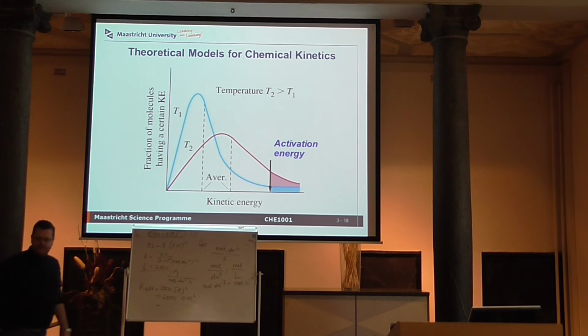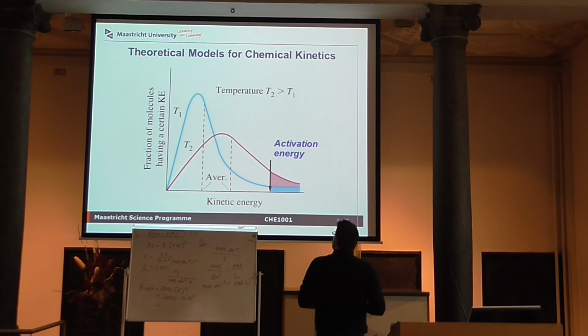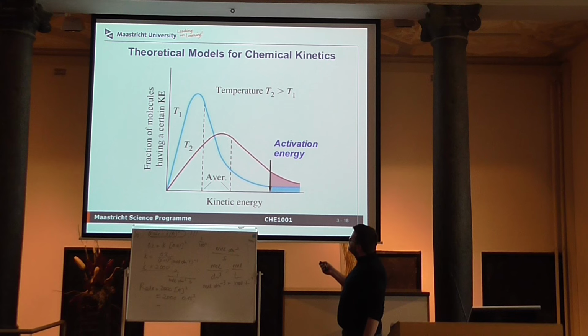This is called a Boltzmann distribution. We're going to increase the fraction of molecules having a higher kinetic energy. Do you see that? Remember, this y-axis is the fraction of molecules having a certain kinetic energy.